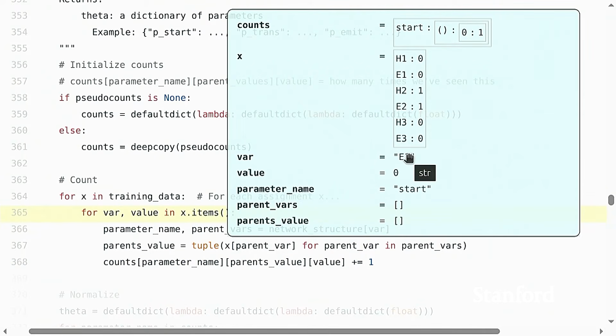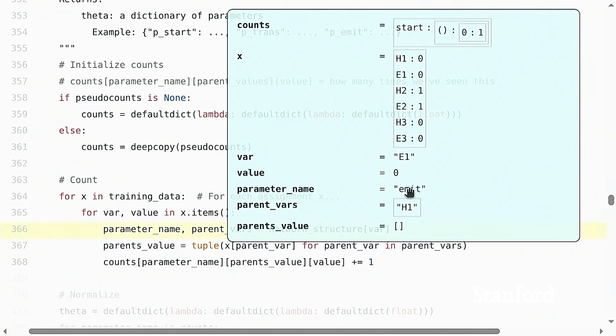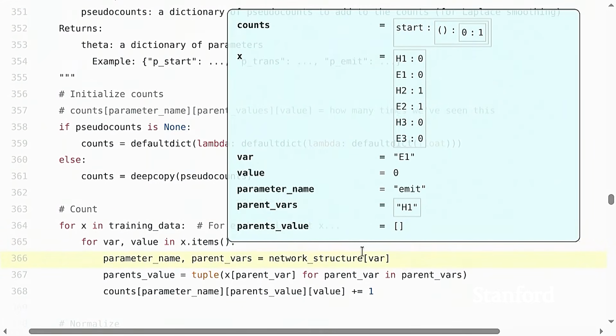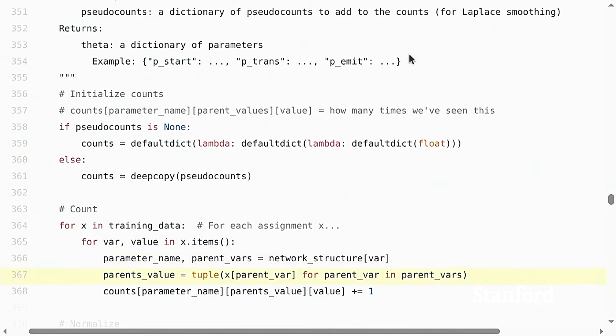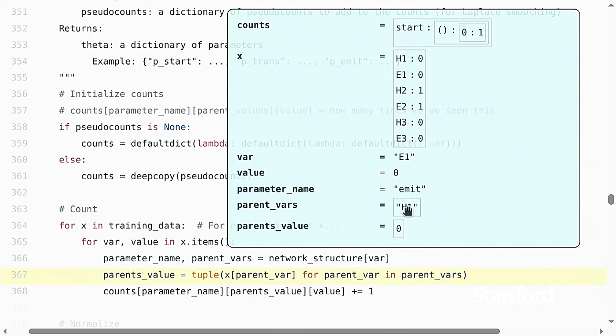E1 has value 0, and its parameter name is emit. The network structure tells me that, and its parent is H1. So I look up the value of H1, which is 0 here.